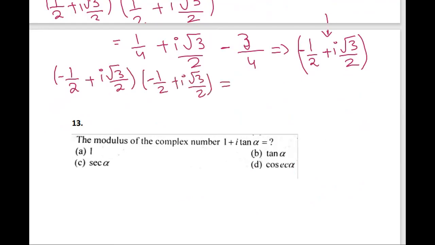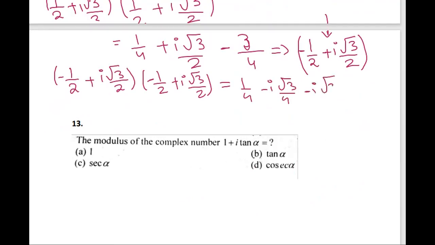I will get 1 by 4 minus iota under root 3 by 4 minus iota under root 3 by 4 minus 3 by 4. So I will get 1 by 2 minus 1 by 2 minus iota under root 3 by 4.